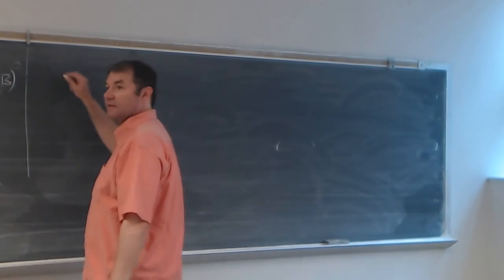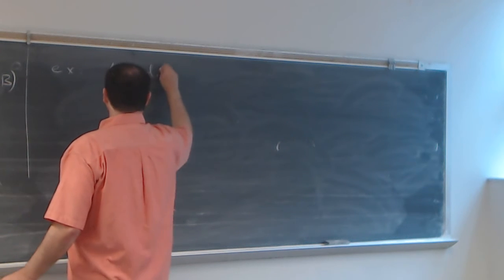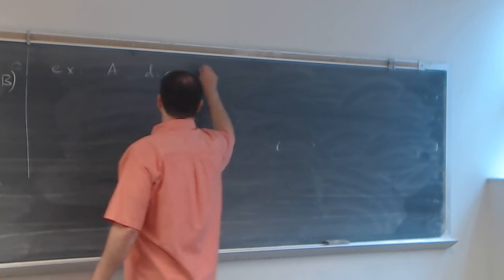And we'll do this example in two ways. Here's my quick example. Let's say a die is rolled twice.